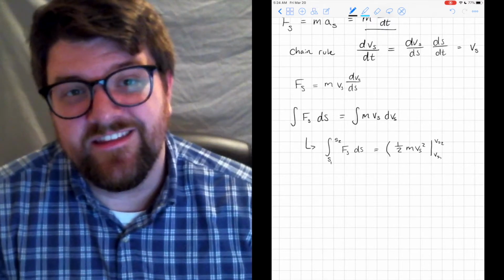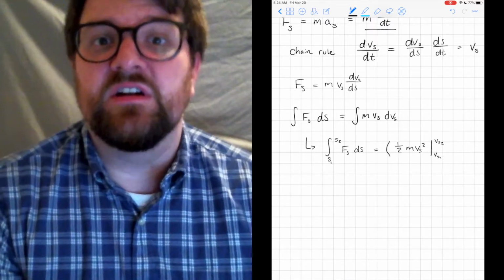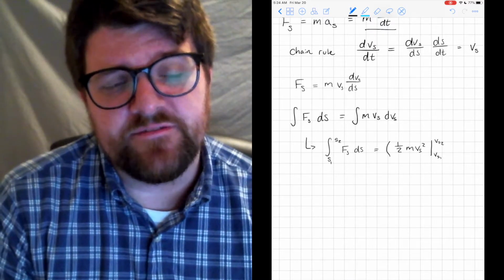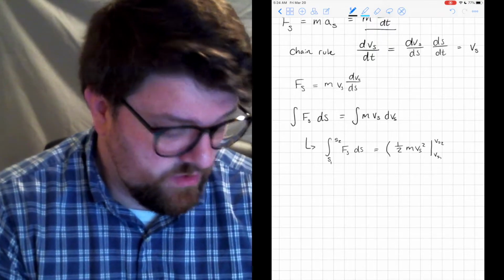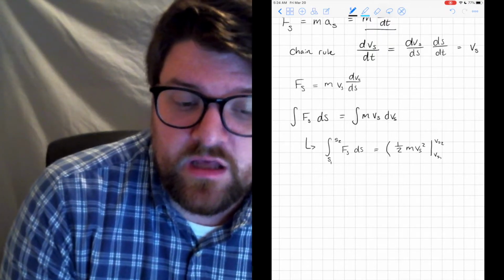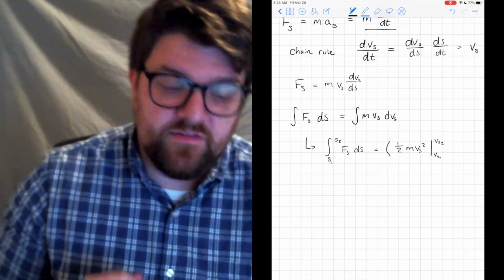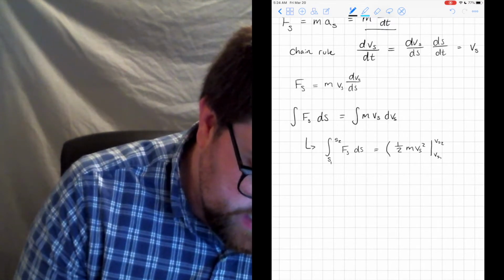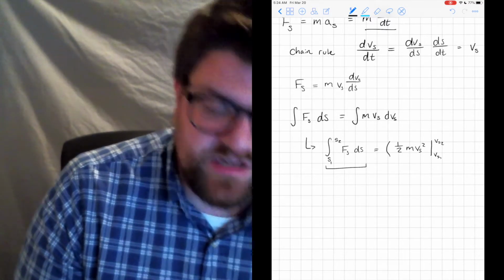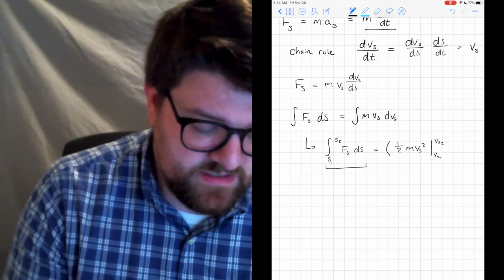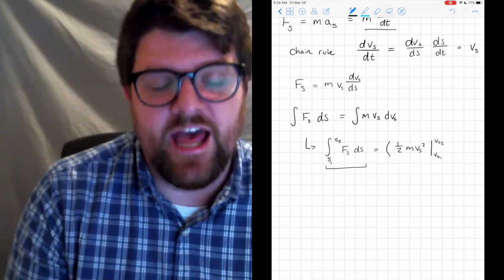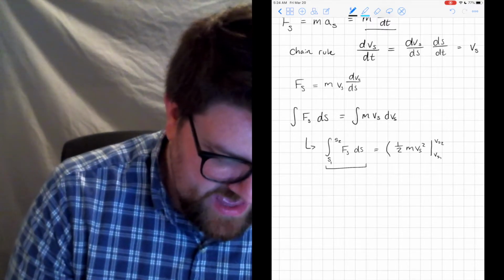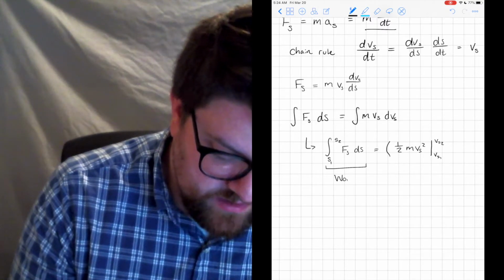Now, hopefully that right-hand side looks a little familiar if you've taken physics before. It should ring a bell. This is what we're going to call kinetic energy. So I can simplify this a little bit further. I can define this term on the left, the integral from s1 to s2 of Fs ds, as the work done on a system.